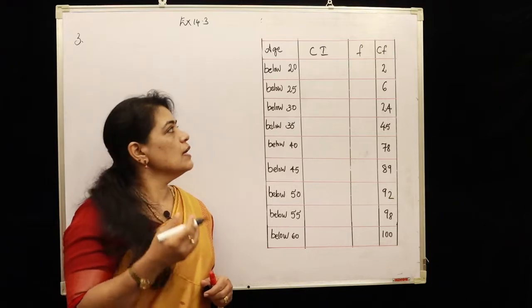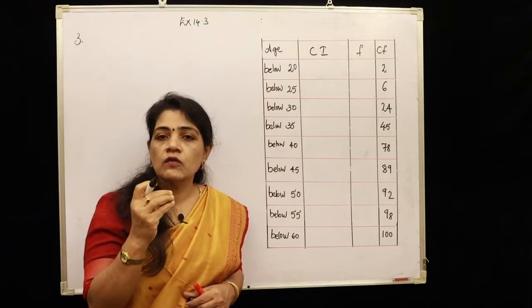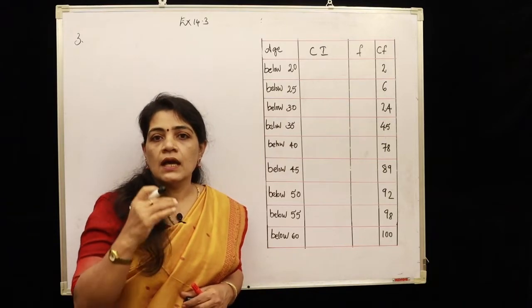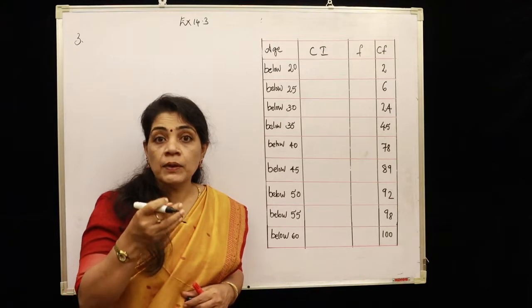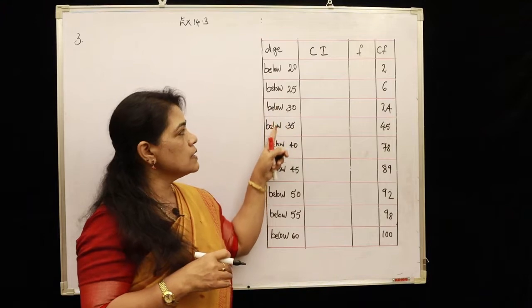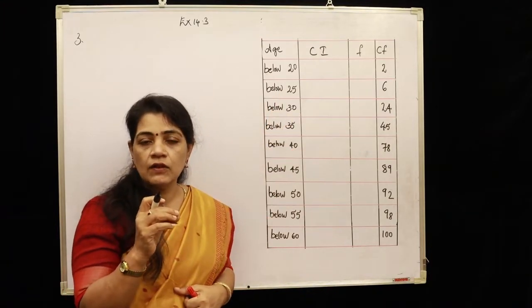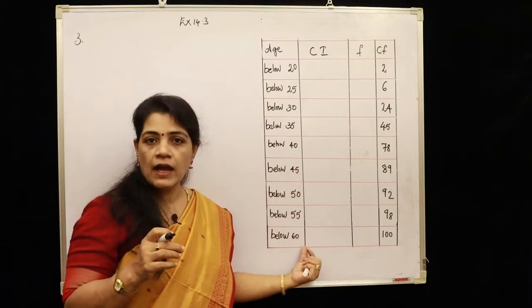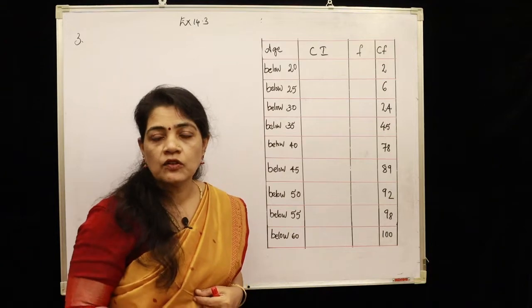Here it is clearly mentioned in the question that policies are given to persons above 18 years and below 60. The numbers after below in the less than type are the values of the corresponding upper limits of the class intervals.